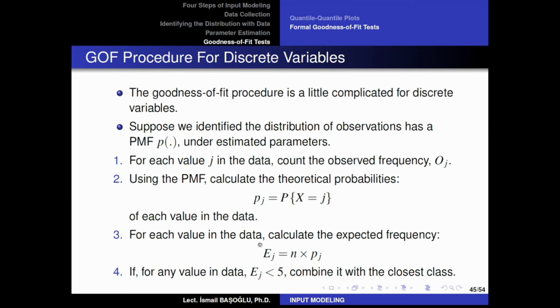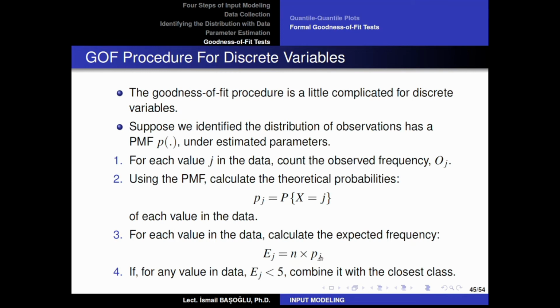Then, for each value in the data, I am going to calculate the expected frequency. If p_j is the probability of getting a j value in this theoretical distribution, then if I sample n observations from that distribution, the number of observations that we expect is n times p_j.